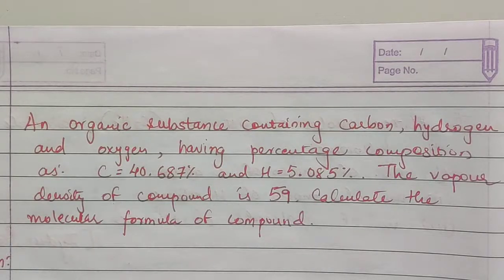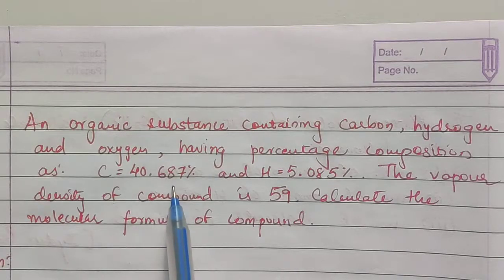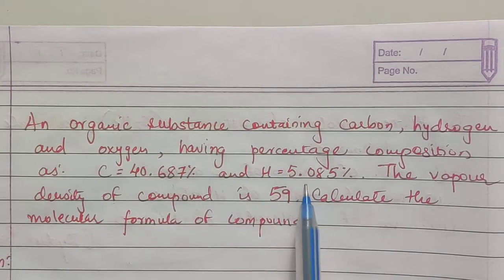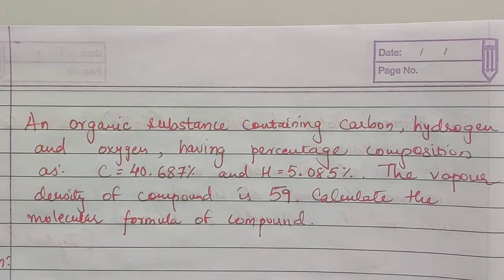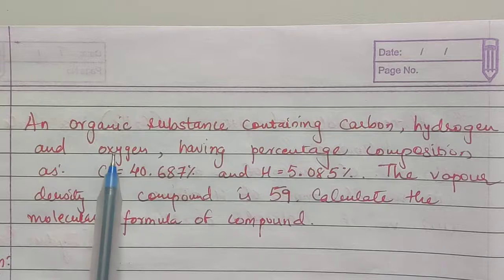The first and foremost thing you can do here, students, is add carbon's percentage and hydrogen's percentage, and subtract that total from 100, because any compound's percentage composition would not exceed 100%. So 40.687 plus 5.085, subtract it from 100, and you will get the percentage composition for the oxygen.